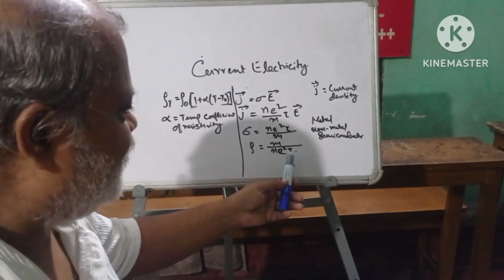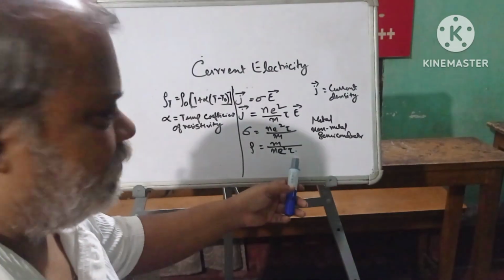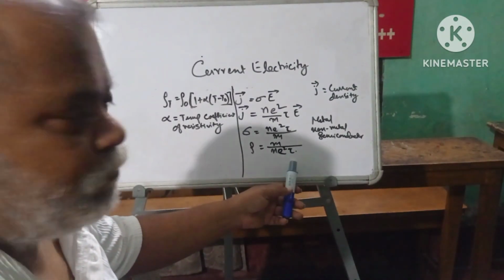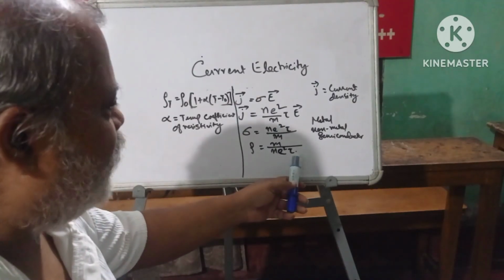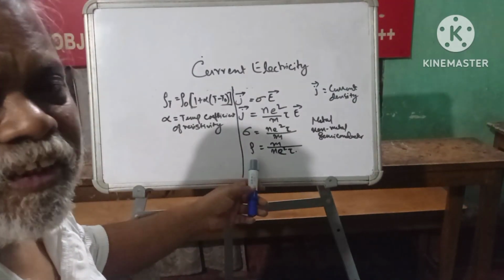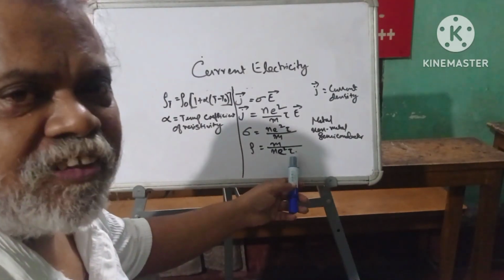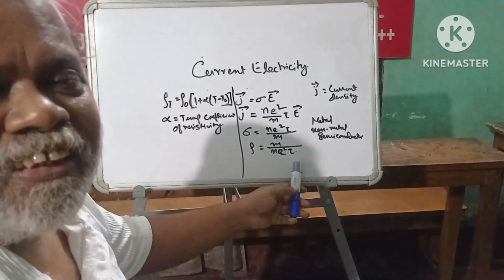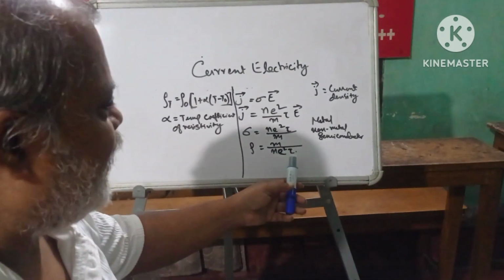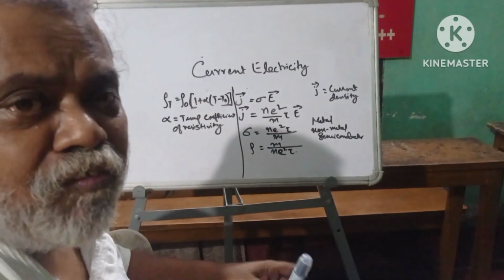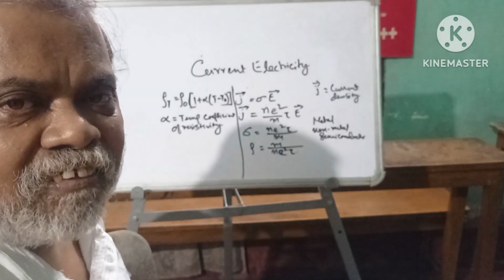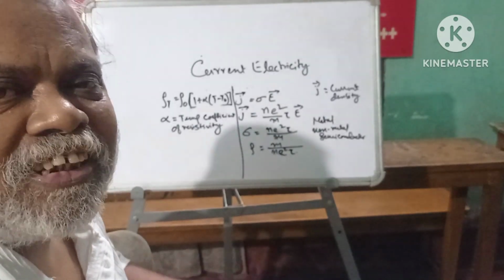the relaxation time, that is the collision time, decreases. Since the collision time decreases, your resistivity increases. Why? Because with rising temperature, the average velocity of the electron increases. That means the frequency of the collision increases.